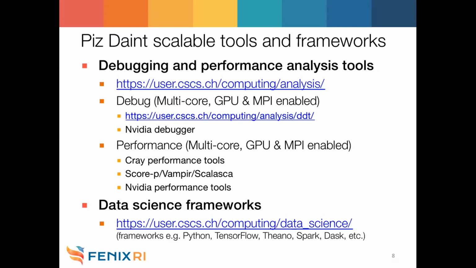And for GPU code developers who are familiar with the NVIDIA toolchain, those tools are available as well. For performance measurement, analysis, and debugging, again on multi-core, GPU and MPI, there are a set of Cray performance tools called perftools.